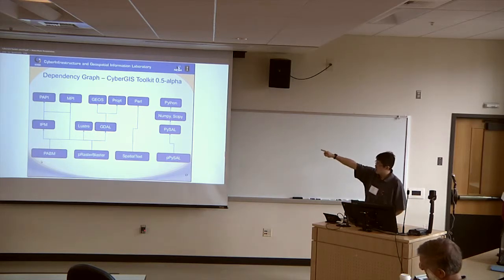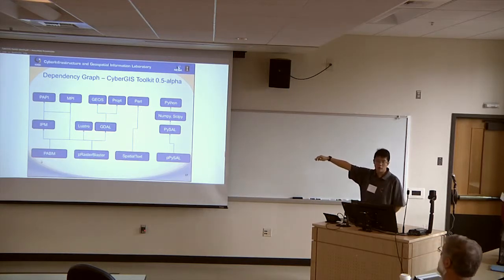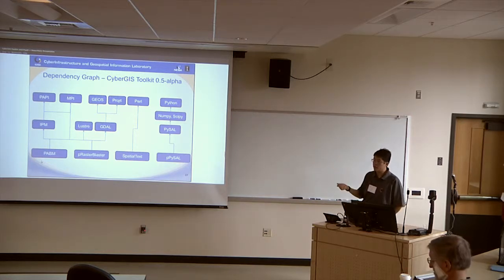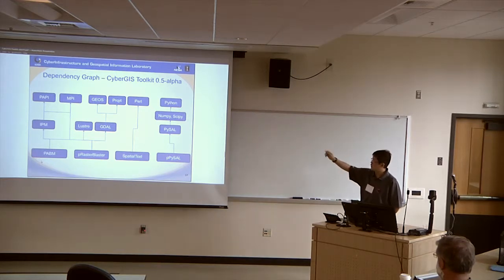And it uses MPI. MPI is also used by PREST Blaster. Meanwhile, PREST Blaster also leverages the parallel file system capabilities for outputting the raster file, which is called Lustre. And it uses a GDAL library to handle the metadata and file format stuff. And the GDAL, if you don't compile that with projection software like GEOS and PROJ4, you'll get an error. So we have to handle all these.